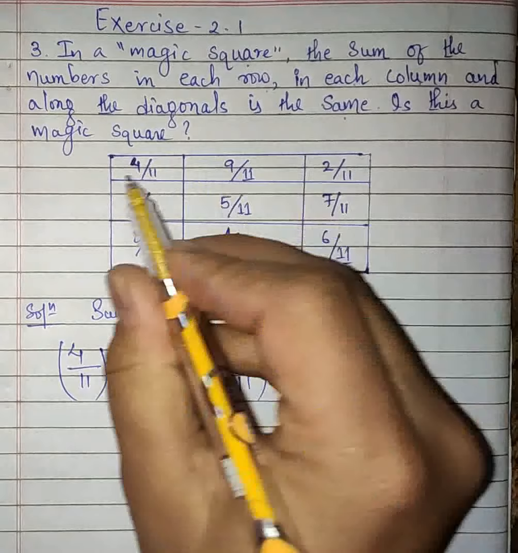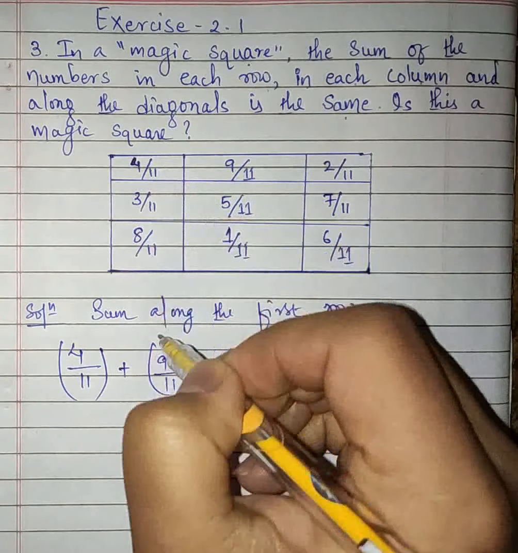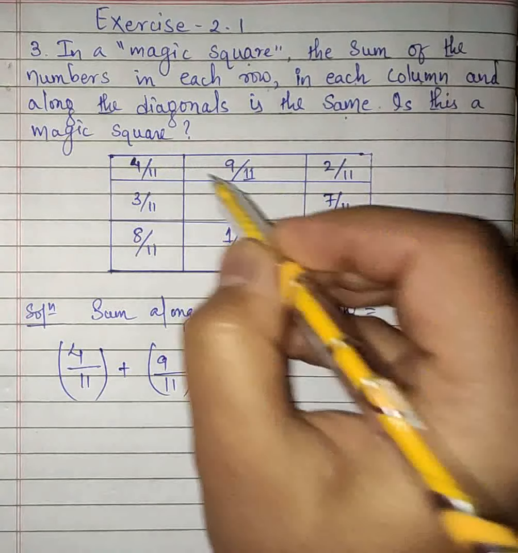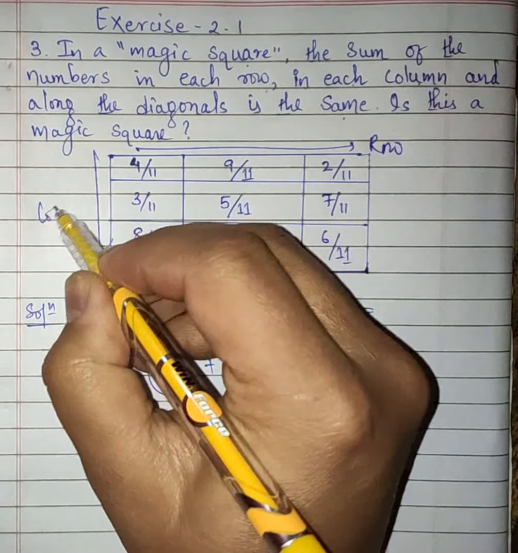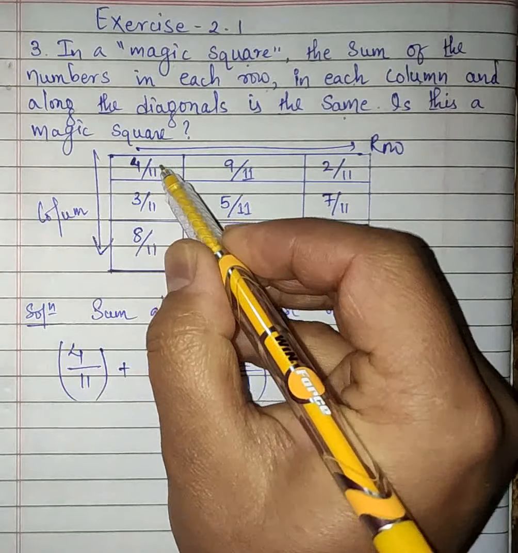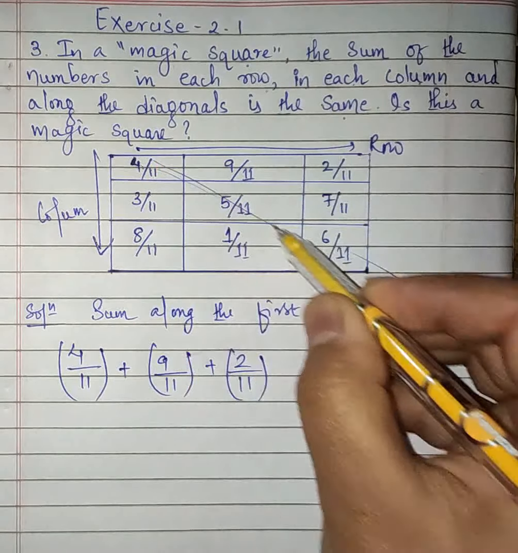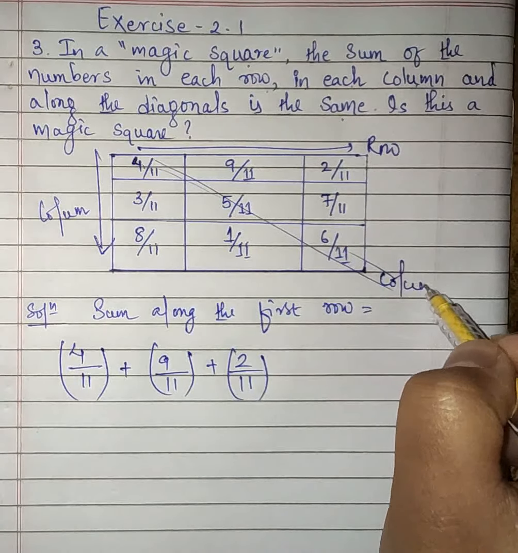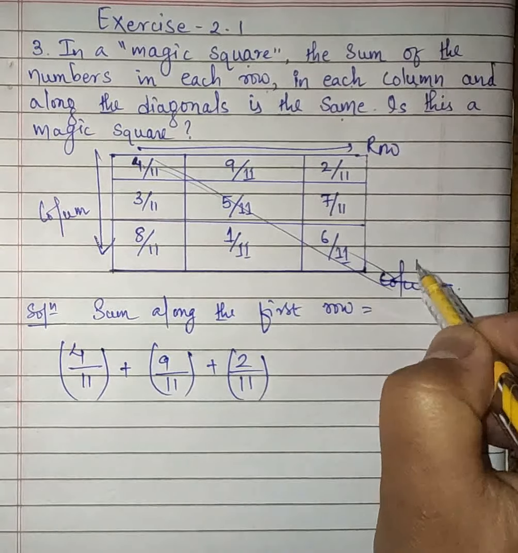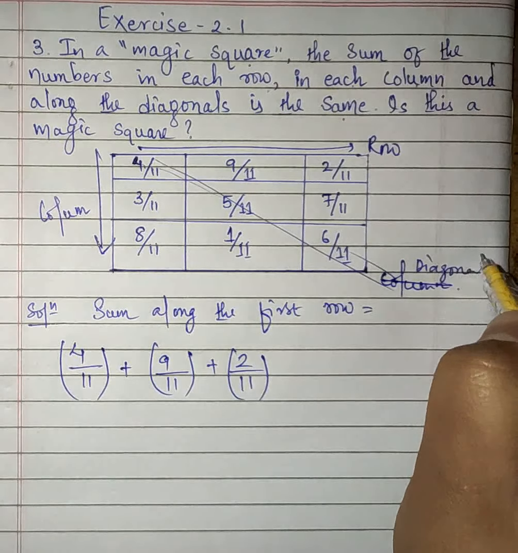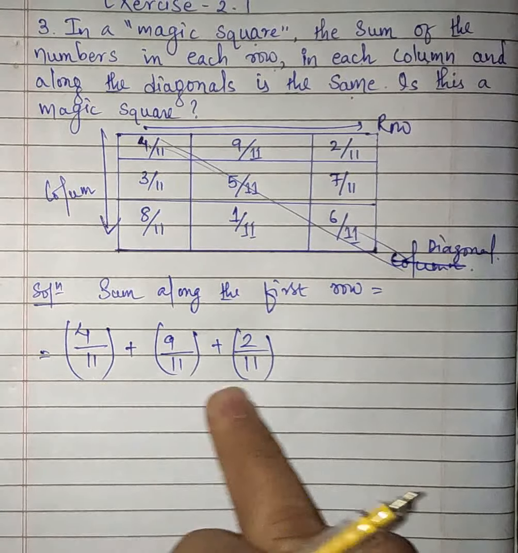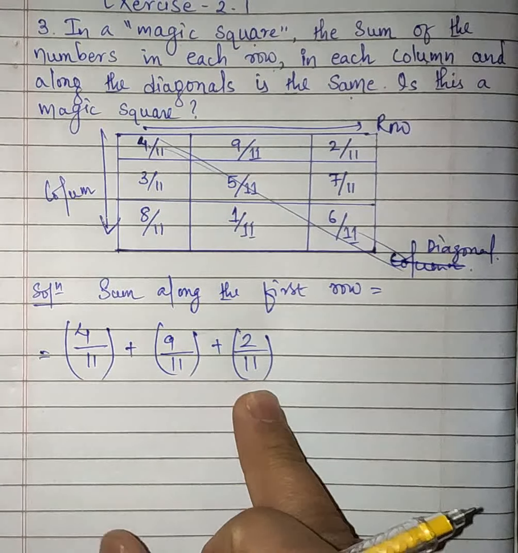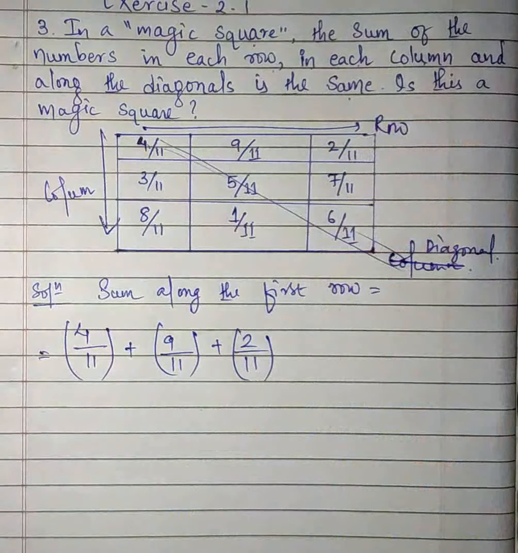This is our row, this is our column, and this is our diagonal. This is our row, this is our column, and the middle one is also a column. So we have to add this first row.